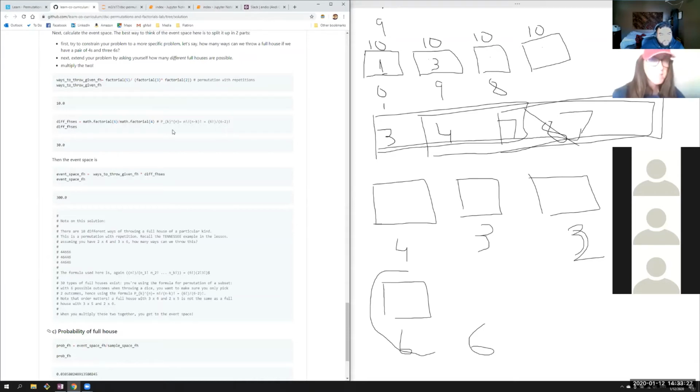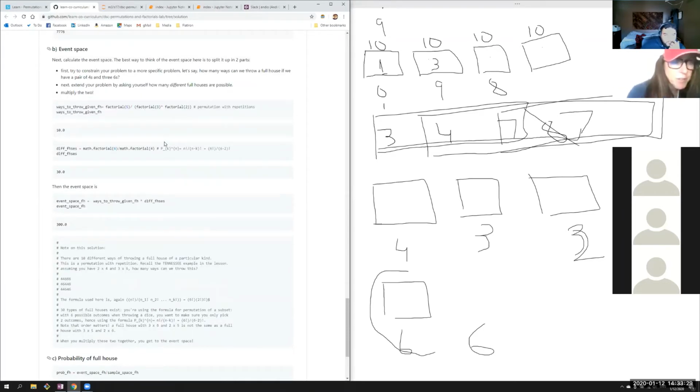So the first one is, how many ways can we throw a full house if we have a pair of 4s and 6s, right? Yeah. And then extend, how many different full houses are possible? So the first one, the event space is how many full houses are possible. That's the event space, right? So at the top is the 4s and the 6s.